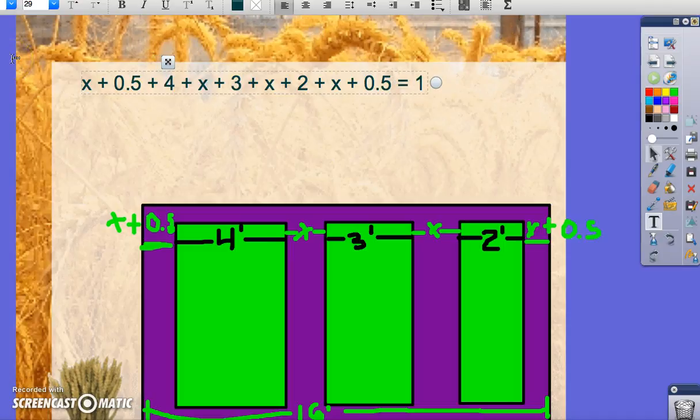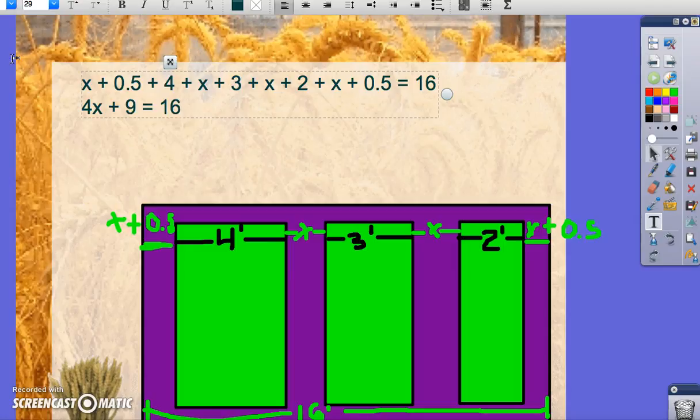What we have all the way at the bottom, which is 16, all right? So it's 16 feet across. Now, all that we have is an equation here. So I'm going to simplify everything and combine like terms here. So if I add all the x's together, I get 4x plus, if I add 0.5, 4, 3, 2, 0.5, I'm going to get the number 9. And that's going to equal 16.